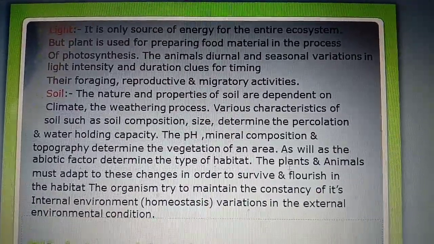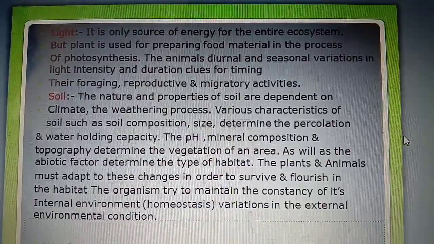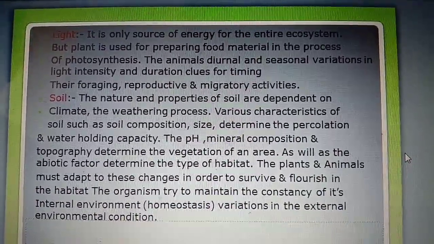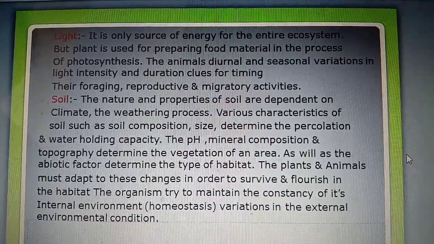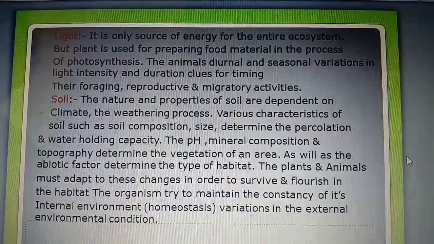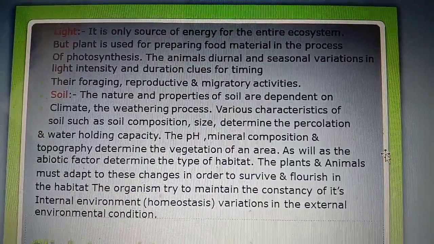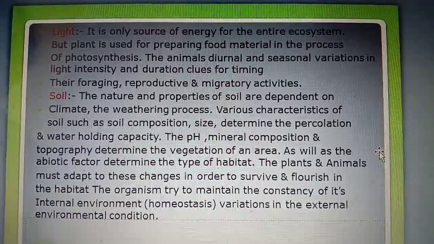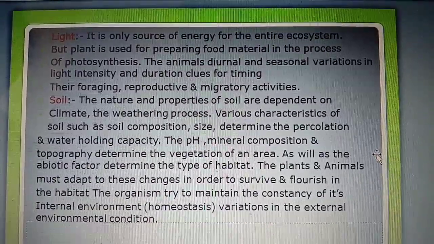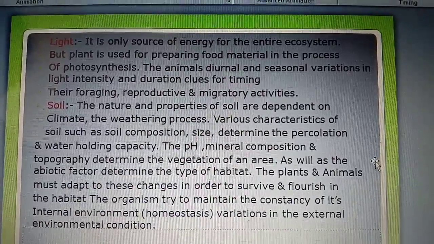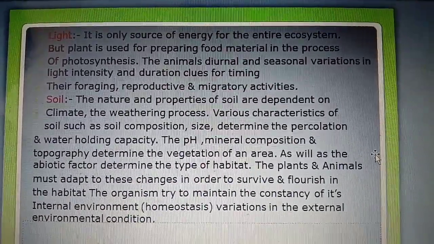The next abiotic factor is soil. The nature and properties of soil are dependent on the climate and the weathering process. The various characteristics of soil, such as soil composition and soil size, determine the percolation and water holding capacity.